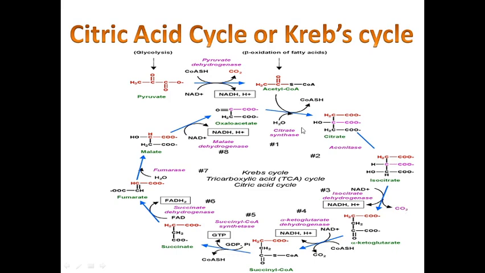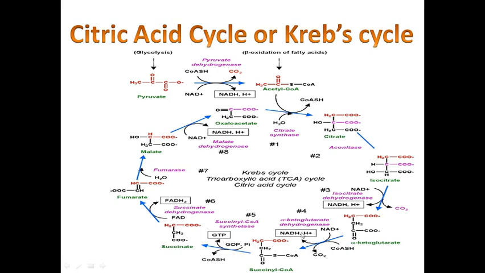For the sake of understanding only 1 molecule has been taken, but generally we have 2 pyruvates liberated from glycolysis, so 2 acetyl coenzyme A's, and hence here we have 2 NADH formed and 2 carbon dioxide molecules released. And finally what we get by this reaction?